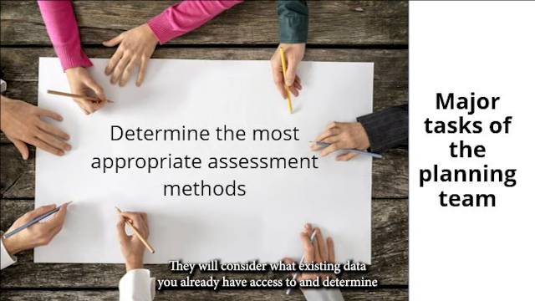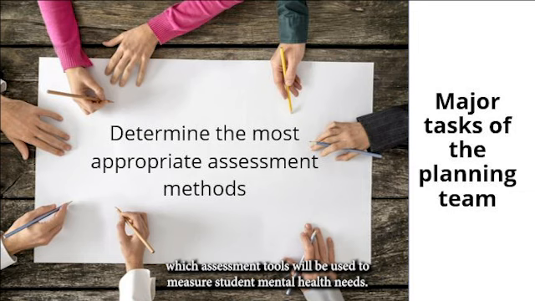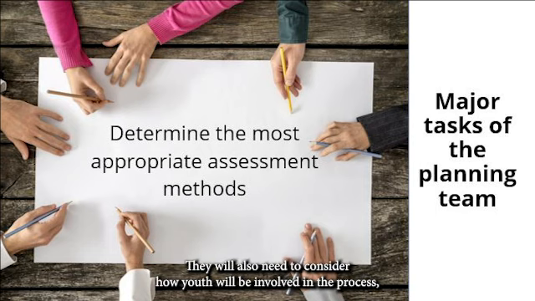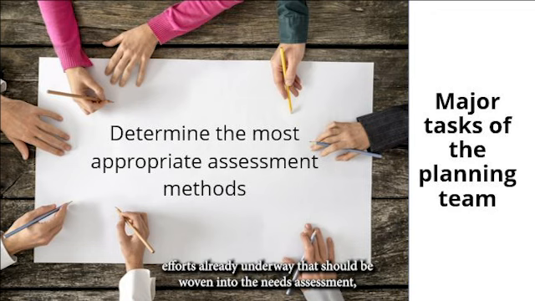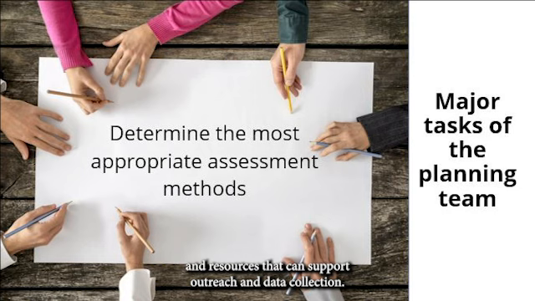They will consider what existing data you already have access to and determine which assessment tools will be used to measure student mental health needs. They will also need to consider how youth will be involved in the process, efforts already underway that should be woven into the needs assessment, and resources that can support outreach and data collection.